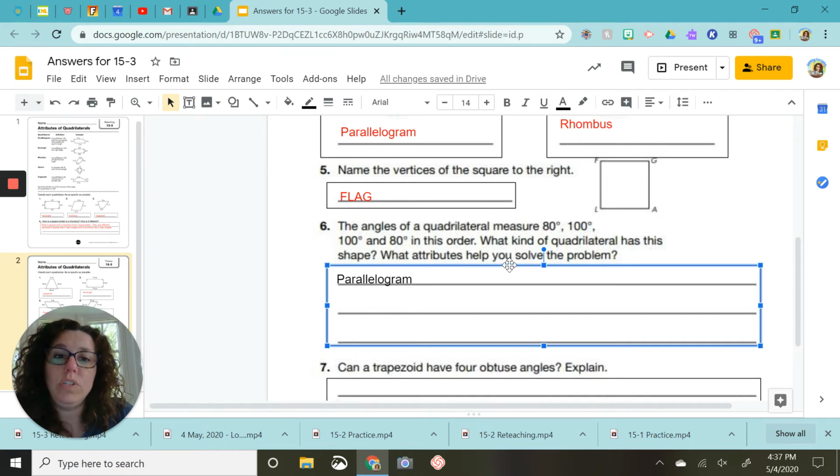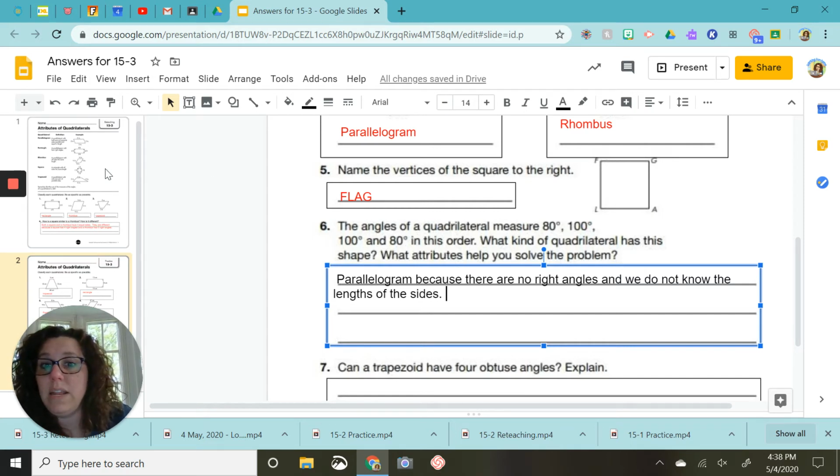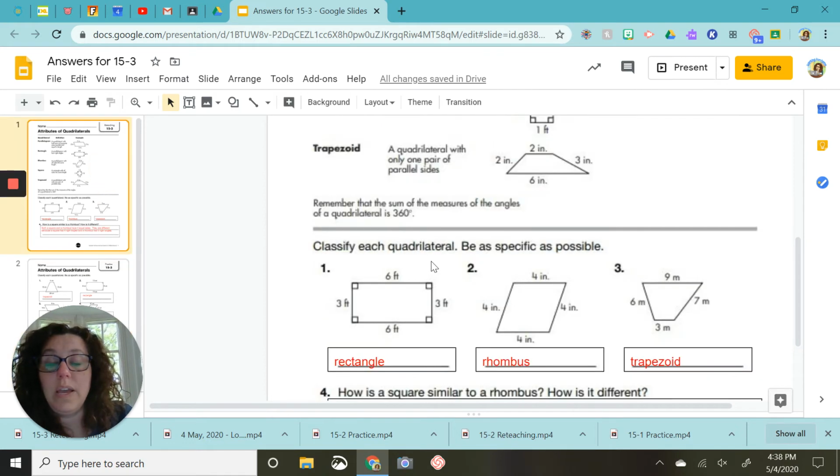What attributes did you use to solve it? Parallelogram, because there are no right angles and we do not know the lengths of the sides. Actually, it could be a trapezoid even.